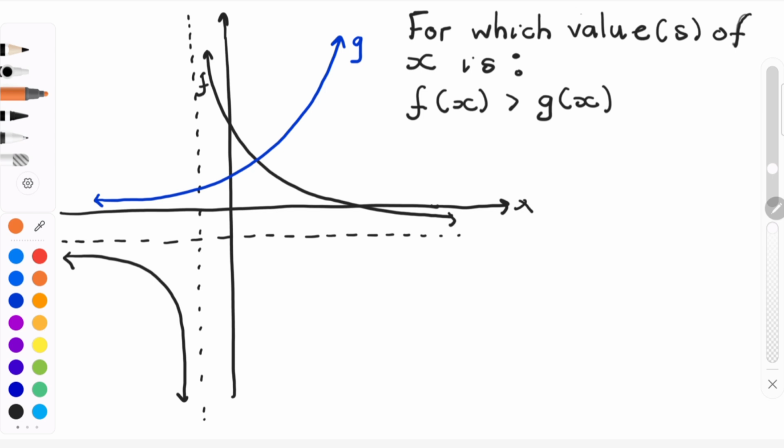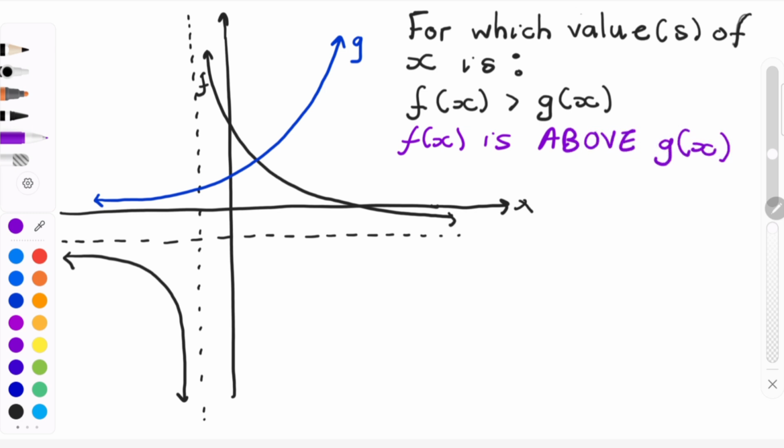So here's another example. We want where f of x is greater than g of x, where this happens when f of x is above g of x. Remember, if f of x is above, then g of x will be below. So let's look at where f of x is above g of x.